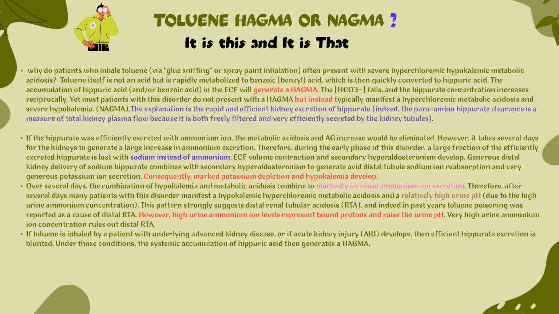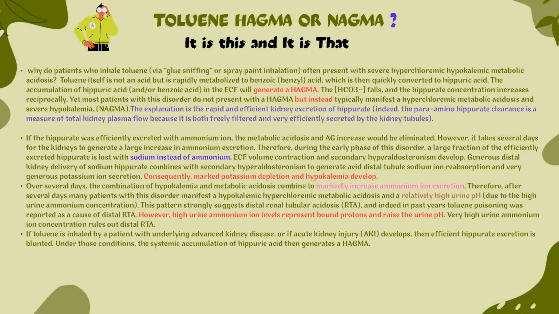Because of the hyperchloremic NAGMA and the associated hypokalemia, toluene toxicity was clubbed together as a renal tubular acidosis, distal type 1. However, there are two different entities. Toluene is not a cause of RTA type 1.